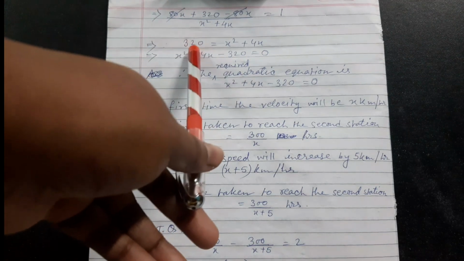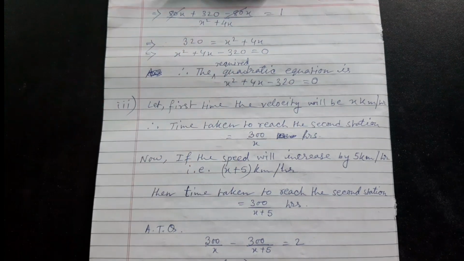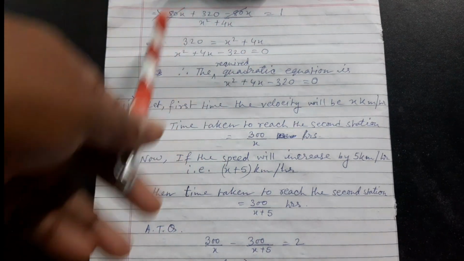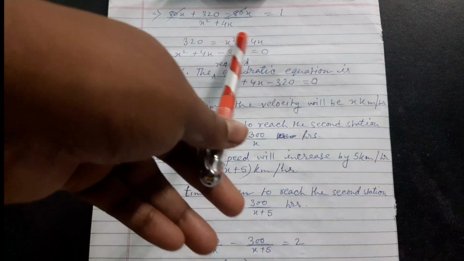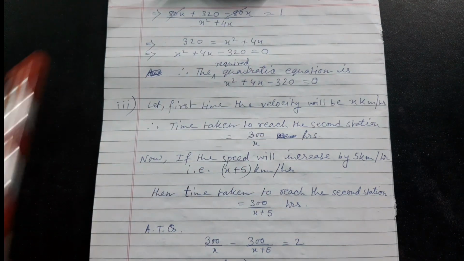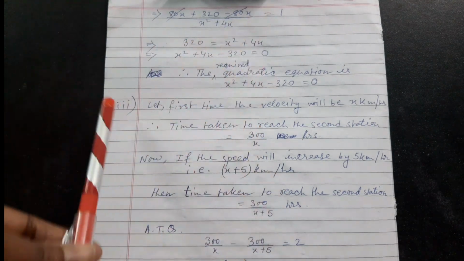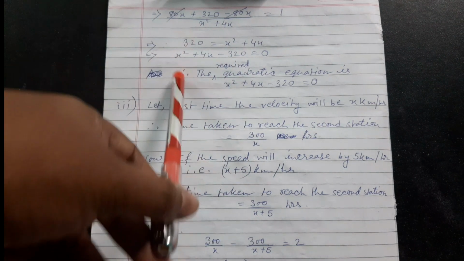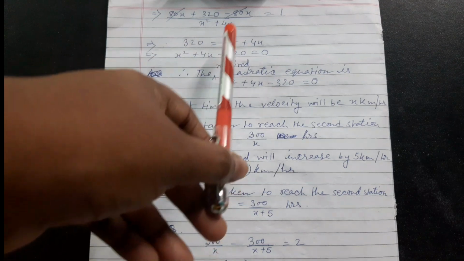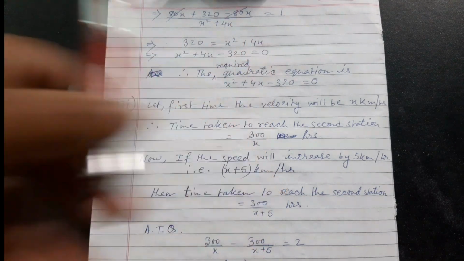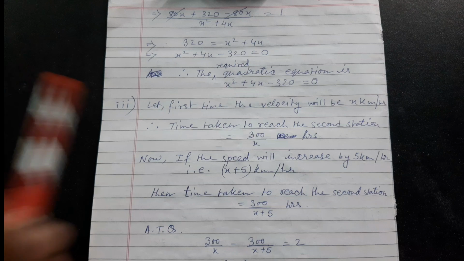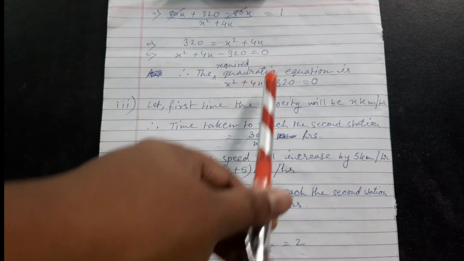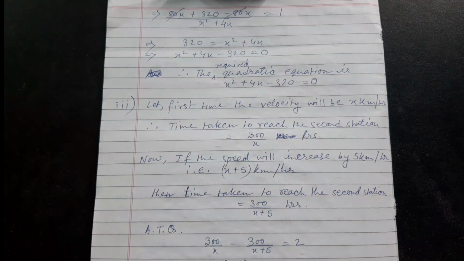Therefore, 320 equals, we just perform the cross multiplication here, so 320 equals x square plus 4x. Now, after arranging this equation, we will get the final quadratic equation, that is x square plus 4x minus 320 equals 0. Therefore, the required quadratic equation is x square plus 4x minus 320 equals 0.